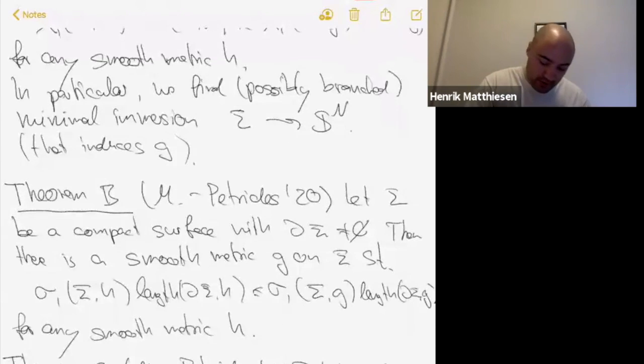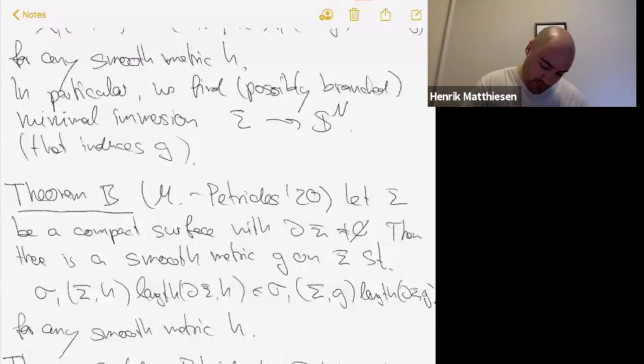As far as I know, this could be the first such result without any restriction on the topology of Sigma.